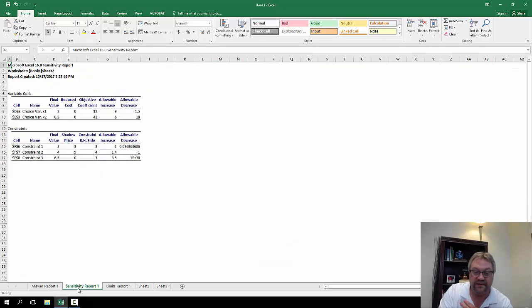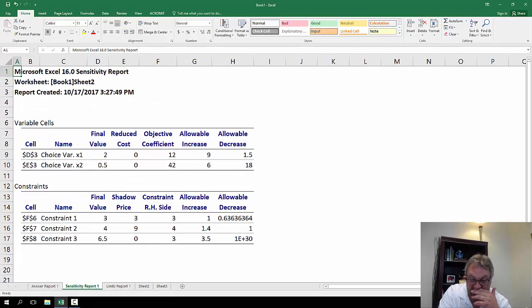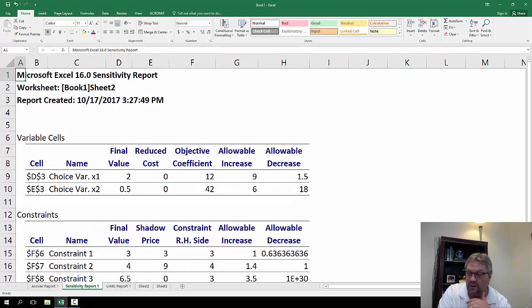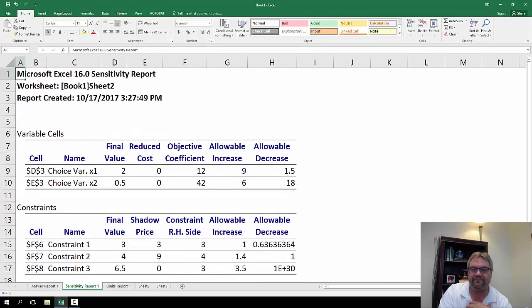Okay. Sensitivity report. I said this before, but this is by far the big one. Okay, so what do we got? Same thing here. Final value 2 and 0.5. So the reduced cost is telling me that if I increased my non-negativity constraint by 1 unit, then nothing would happen to my final values. Okay, fair enough.